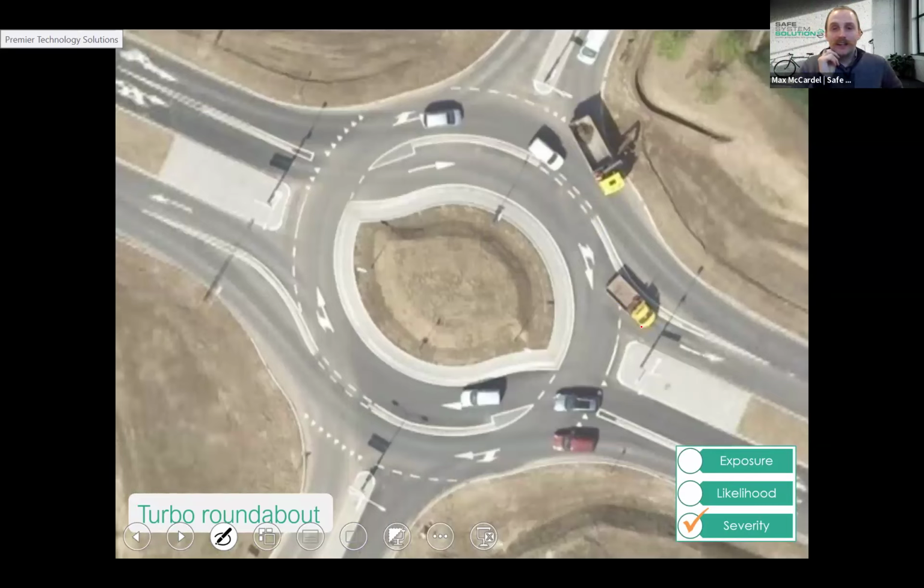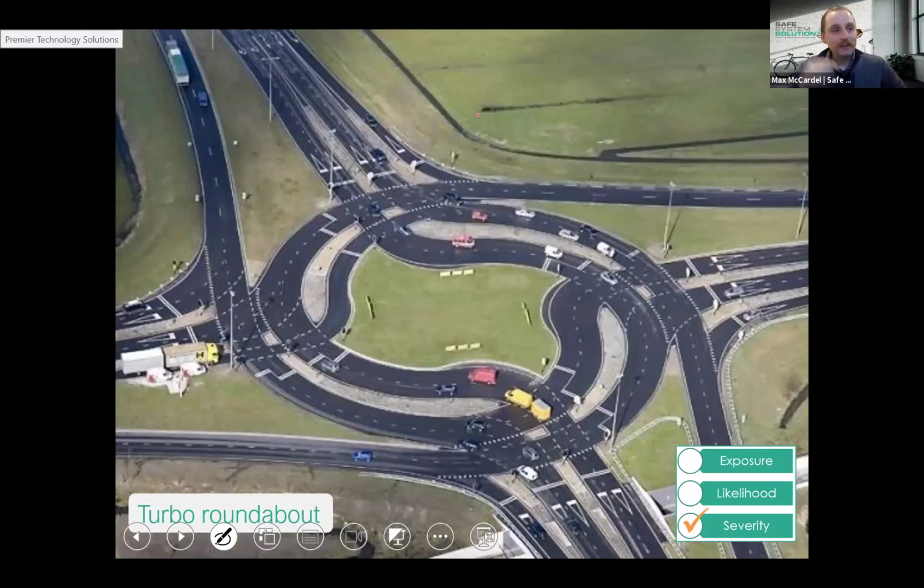This one's probably a clearer way to look at it. You can see those channelized islands there. This one's out of the Netherlands and admittedly looks incredibly confusing. This is just an arterial to arterial connection. And it looks like overkill.